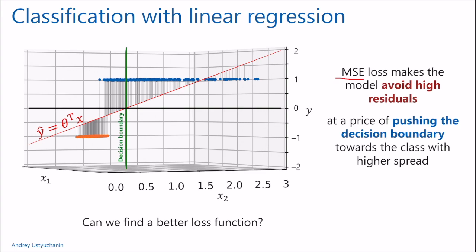Because MSE takes into account those distant objects, it tries to somehow take those into account, and it doesn't produce an ideal separation curve. So instead of ideal decision boundary, which looked like this, we might get something not very applicable.